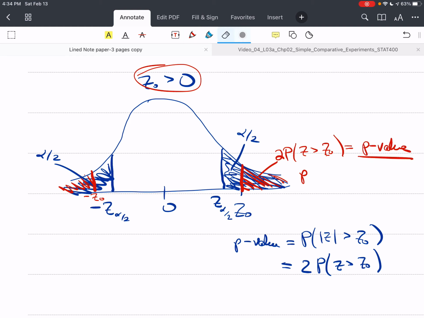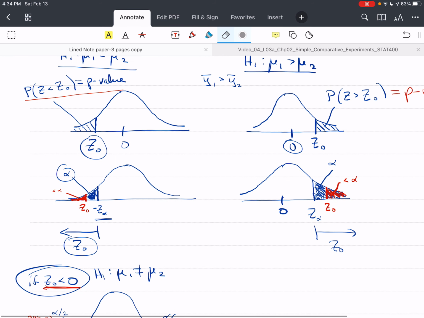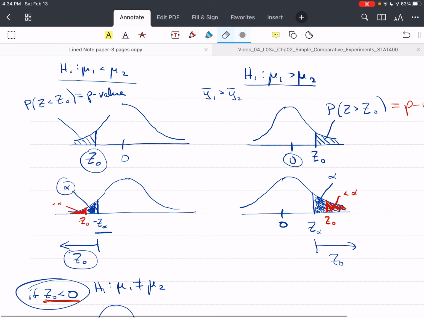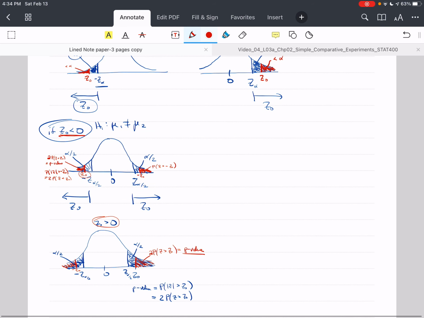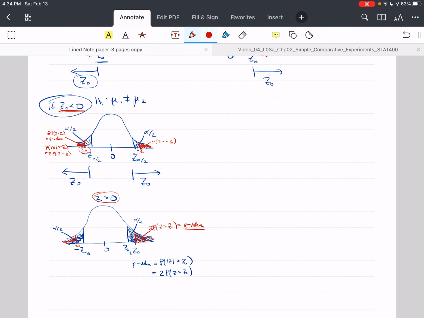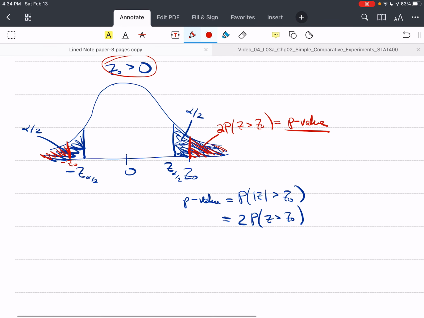So when we're doing a one-sided test, we can find the p-value directly. But when we're doing a two-sided test, a not equals to for the claim, then we have to multiply the area that we find away from 0 by 2.